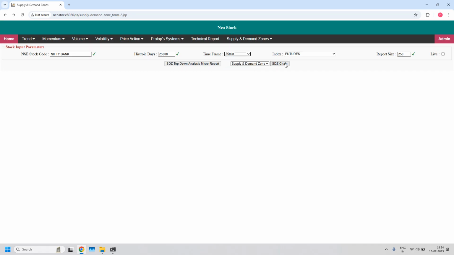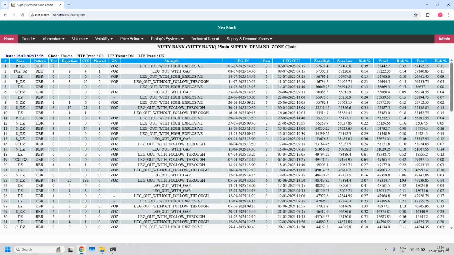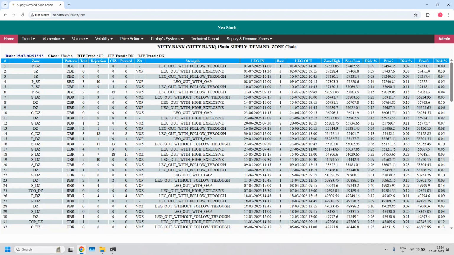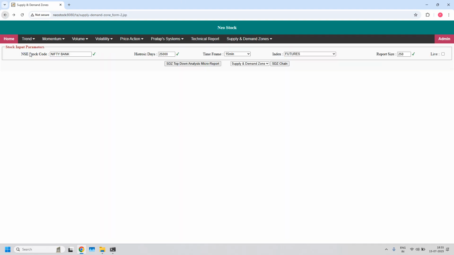Next, 25 minutes supply demand zone chain for Bank Nifty. Next, 15 minutes supply demand zone chain for Bank Nifty. Next, 5 minutes supply demand zone chain for Bank Nifty.